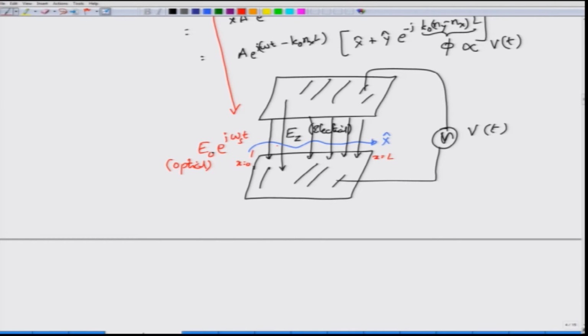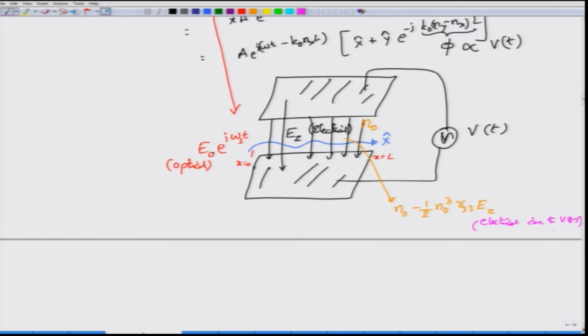This electric field will change the refractive index of the medium. The refractive index before the application of the voltage V of t is N0, but after you have applied the voltage, the refractive index inside this region, between x equal to 0 and x equal to L, becomes N0 minus 1 by 2 N0 cube R33 Ez, where Ez is the electrical signal due to V of t.